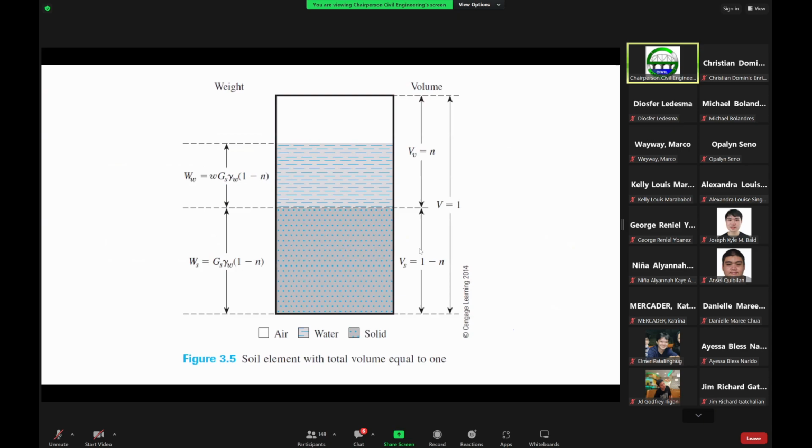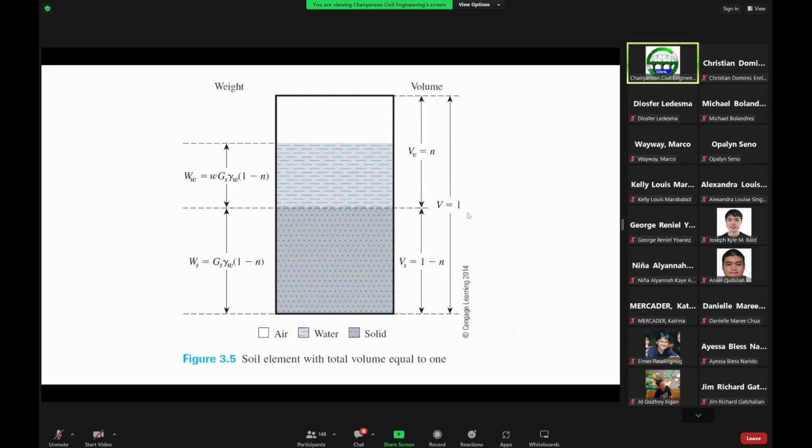If we now have the diagram for that, considering a three-phase element, we find that the total volume is equal to 1.